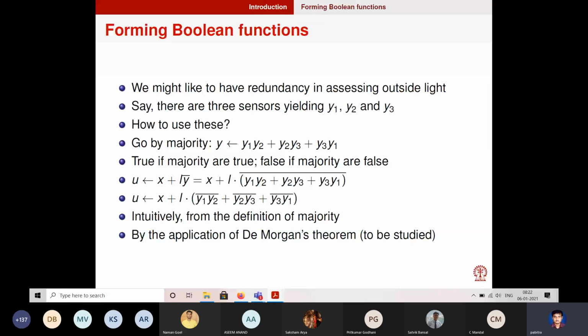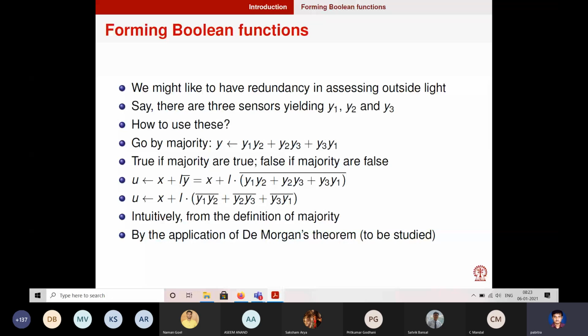But whatever be your thought process, whatever expression you have come up with, we will apply a set of such conversions to equivalent expressions, and finally get an expression which can be realized in some desirable way, maybe minimum amount of circuit and other things. So this process is known as the minimization process, expression minimization process.